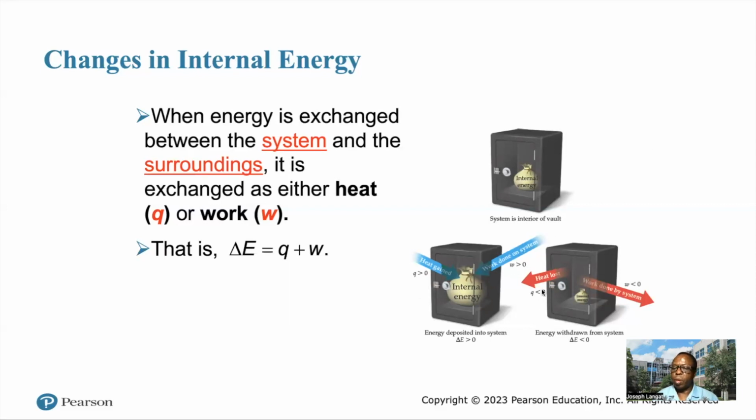Again, don't ignore this notation right here. Anything greater than 0 is positive. So that means it's getting into the system. Anything where heat is lost, anything less than 0, is negative. That means it's getting out. Anything less than 0 is negative.